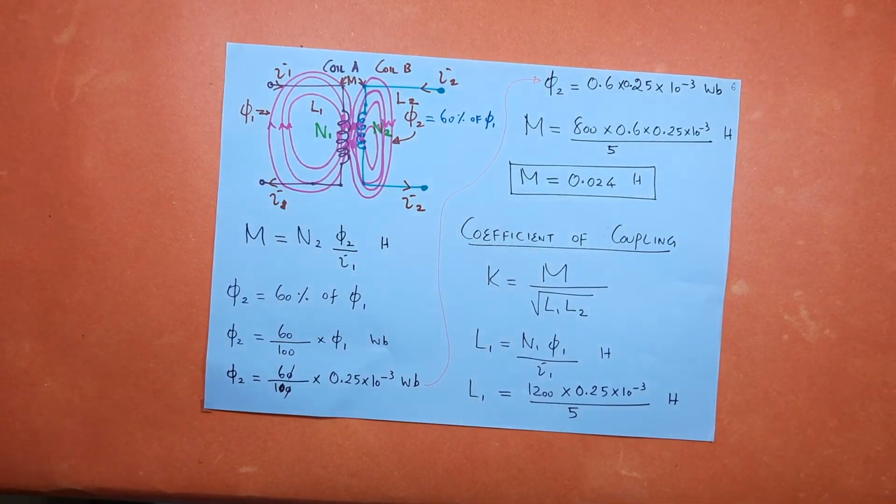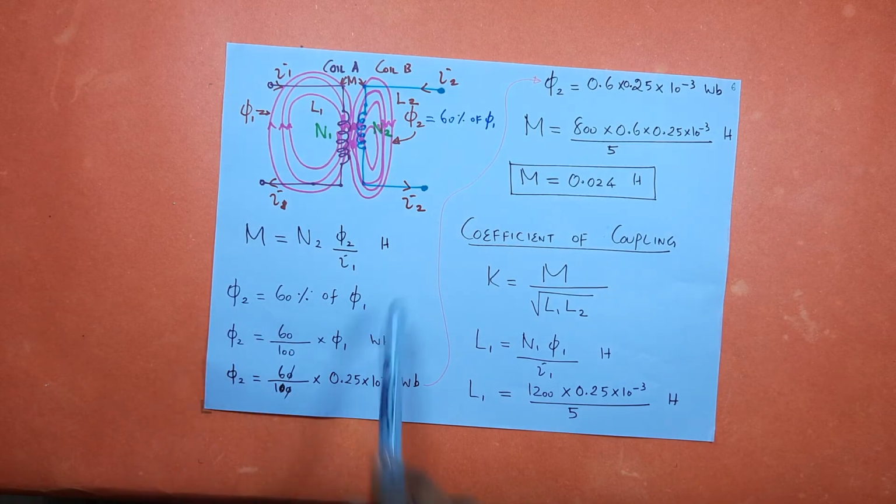Of course, I have already explained this to you. Now, M, which is mutual inductance, is N2 Phi 2 divided by I1.